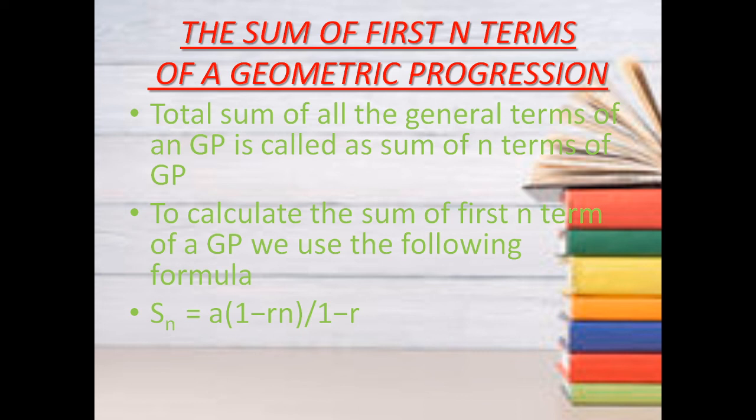To calculate the sum, we have a formula, that is Sn. Sn is denoted as the sum of n terms. Sn is equal to A into 1 minus R to the power n divided by 1 minus R. This is the formula to find out the sum of first n terms of a geometric progression.